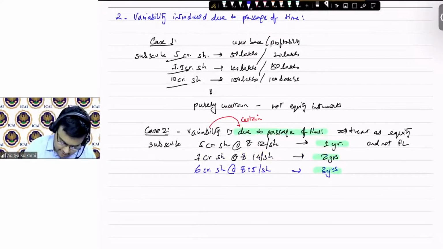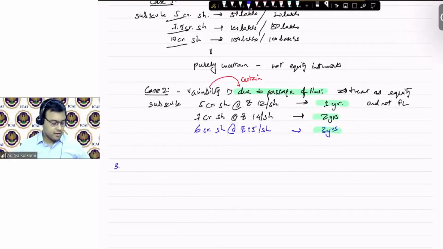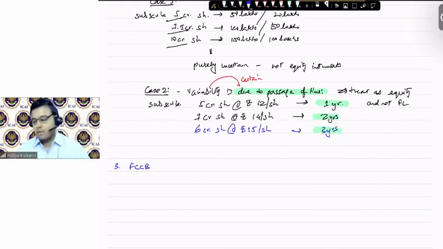Third and the last case. Okay. Third and the last case. Suppose you have issued a foreign currency convertible bond. You have issued an FCCB, foreign currency convertible bond. Okay.